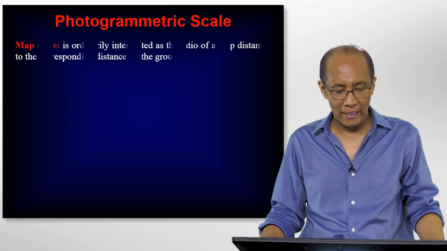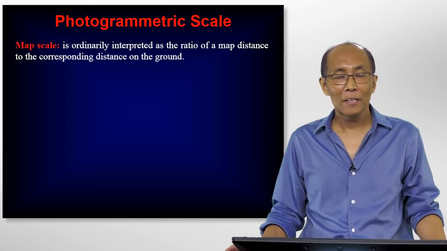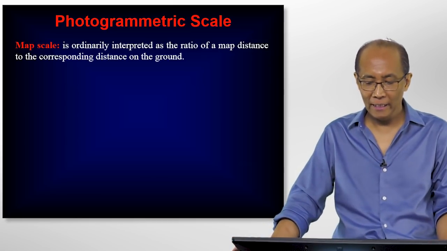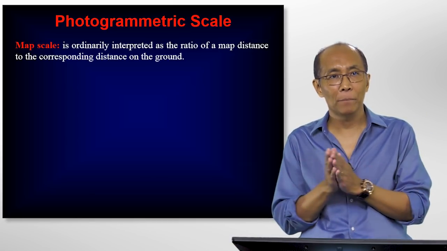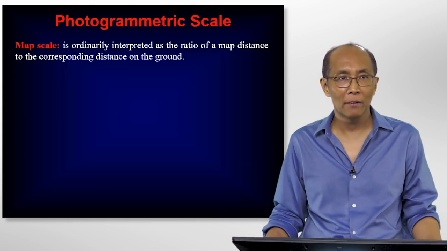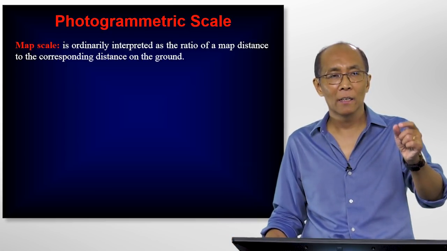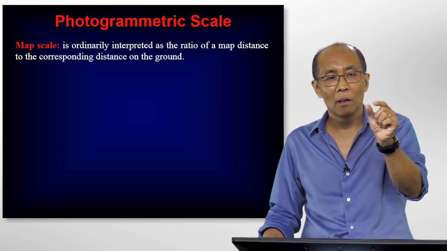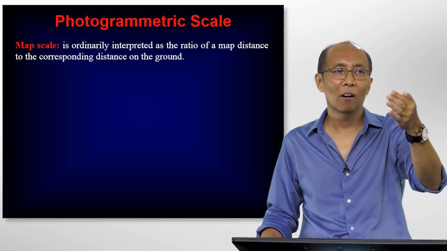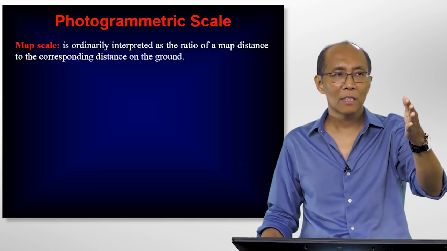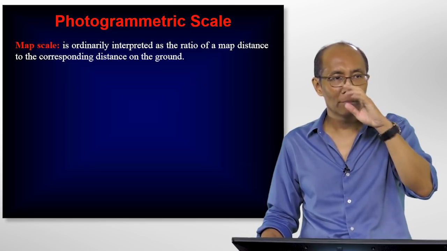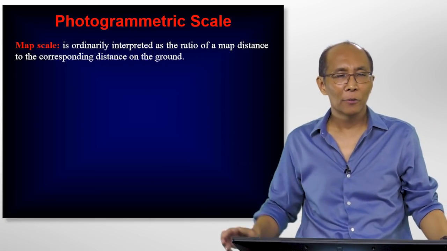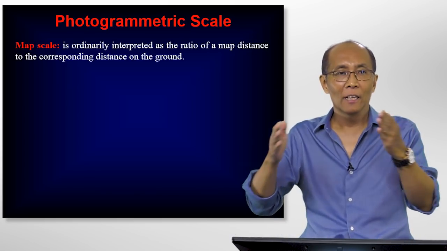Okay, photogrammetric scale. So let's start with map scale. This is normally interpreted as the ratio of a map distance to the corresponding ground distance. You measure one particular feature, let's say the distance from the intersection of Rural and McClintock to Rural and Apache.